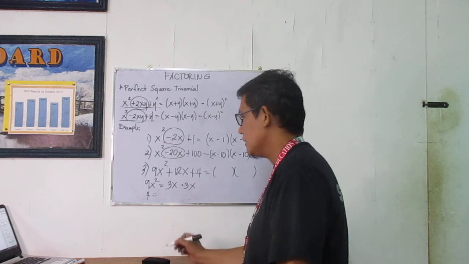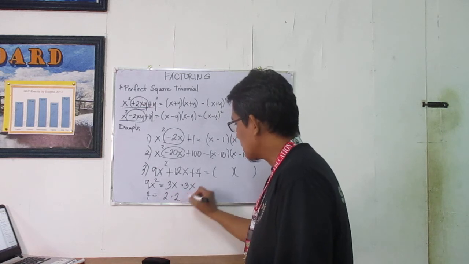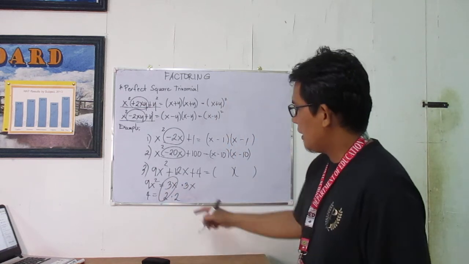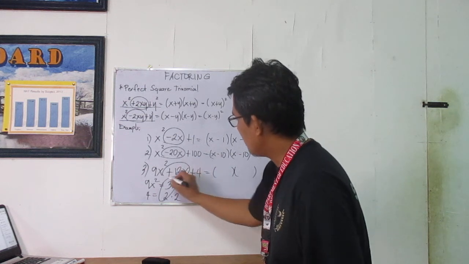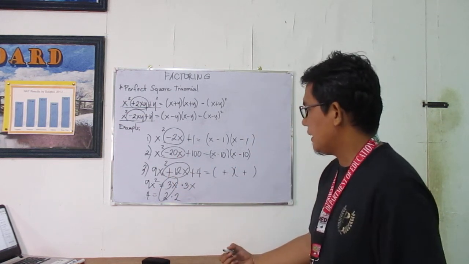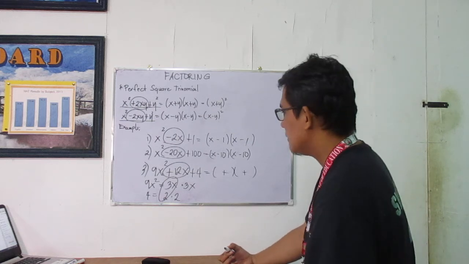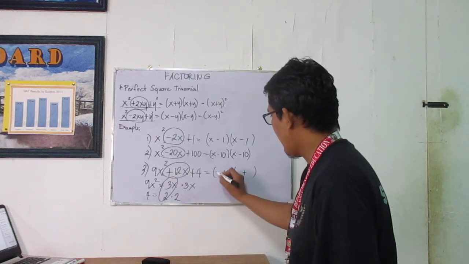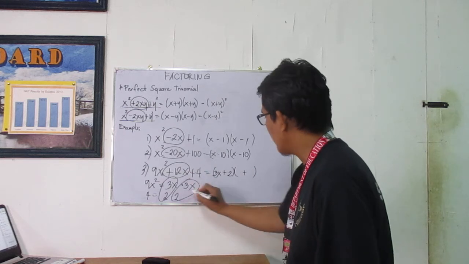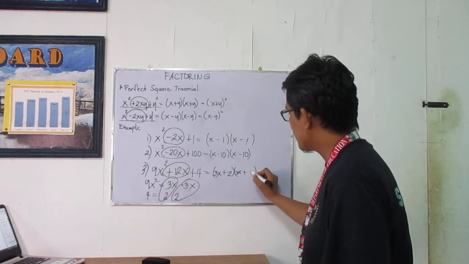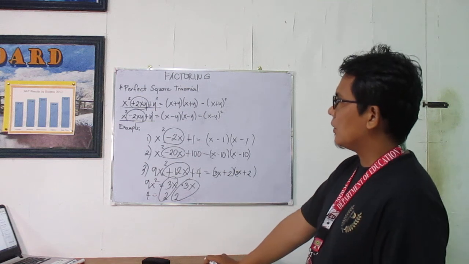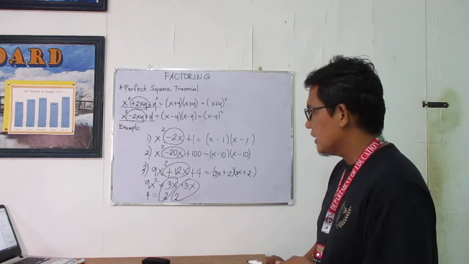For your 4, that is 2 times 2. Get the first pair, and whatever the sign of our middle term will be the sign also of our factors, that is positive. Since that is positive for the middle term, our first pair is 3x plus 2, and our second pair, 3x plus 2. And that ends factoring perfect square trinomial.